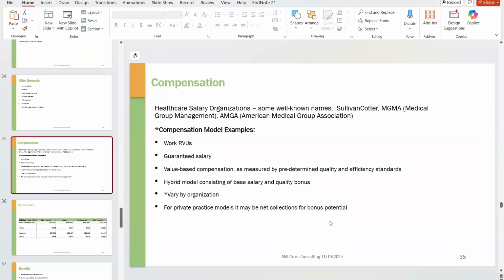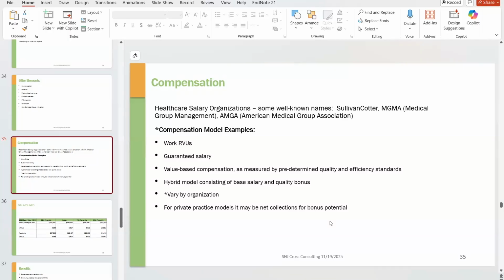For example, with the non-op sportsman, if you're going to a practice where the surgeons have done some of their own non-ops work and they decide we really need to have sportsmen non-ops join the group, that might determine the length of your income guarantee. They want to give you time to ramp up. It's going to be new. You're coming out of fellowship training, so you'll need a time to adjust.